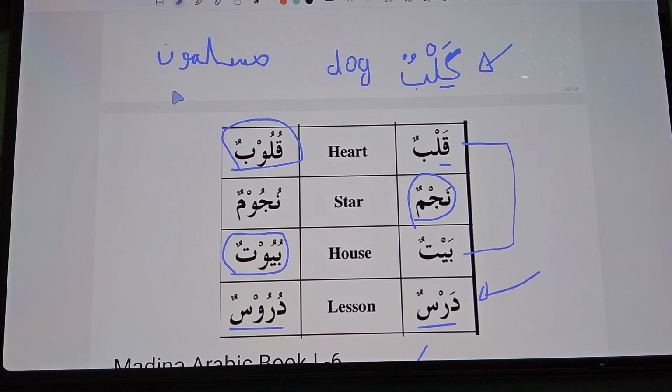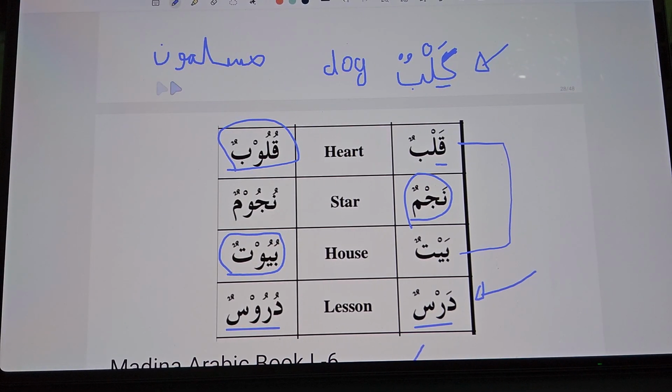What do you add at the end? You add waw and noon. Waw and noon, yes, correct.